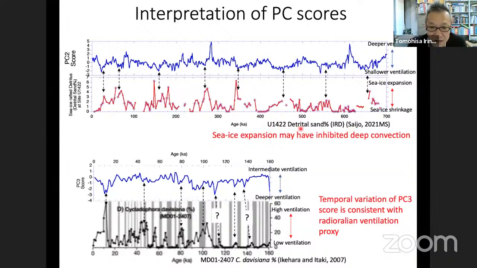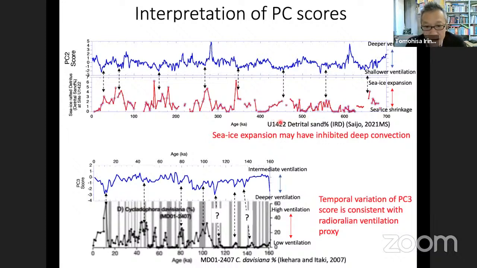This is the detrital sand content in the U1422 northernmost site, which is interpreted as the sea ice rafted detritus amount contained in the sediments. This is typically low in the Holocene and high in glacial times, low in the interglacial times. So it is clear to see the orbital scale changes.